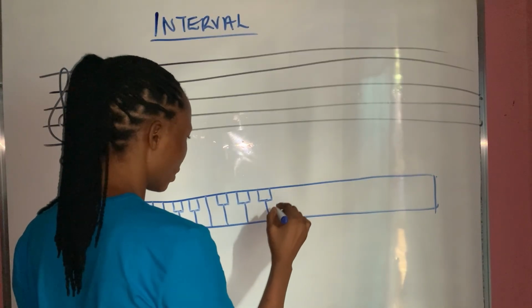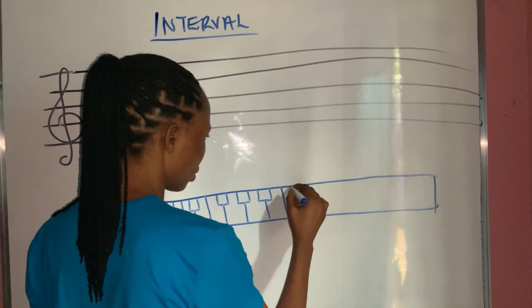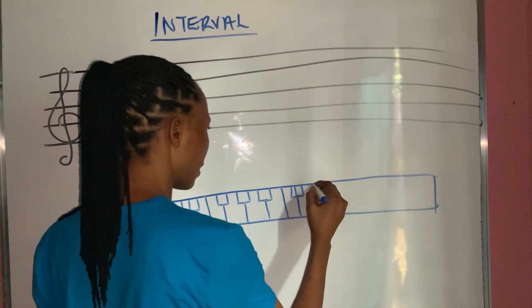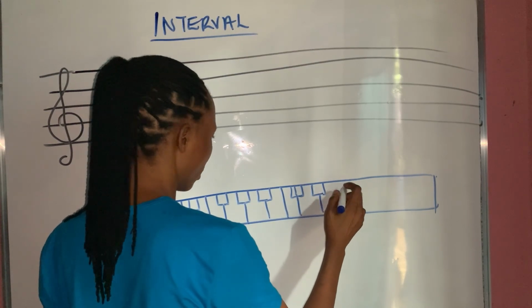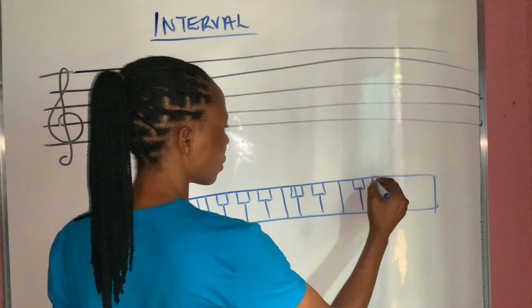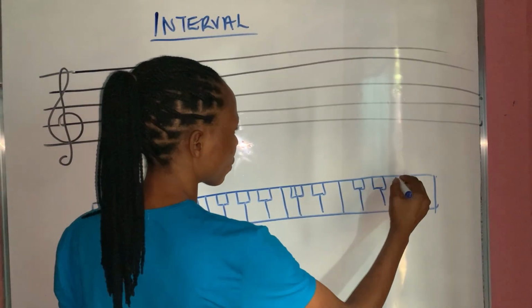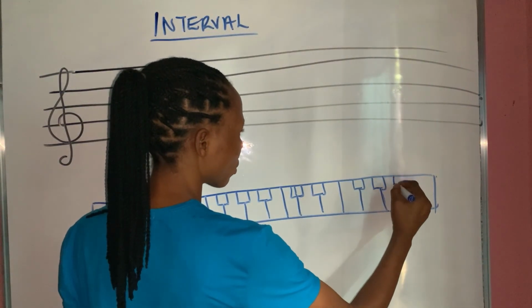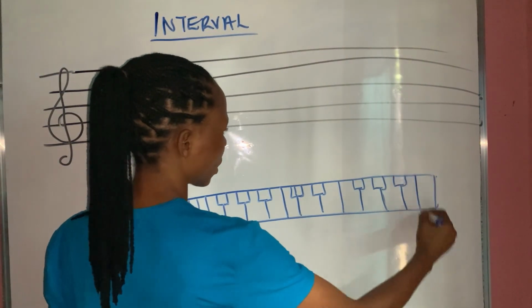Understanding intervals does not need a keyboard, but I'm just doing it for people who might have a little knowledge of the instruments. Although I won't use this too much, because we have people who don't play the keyboard.